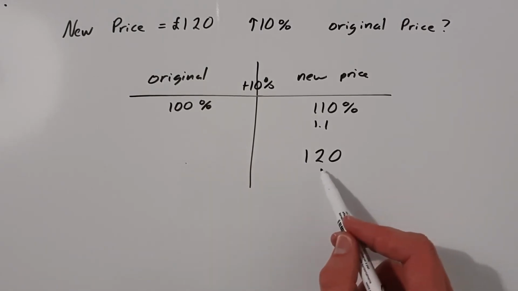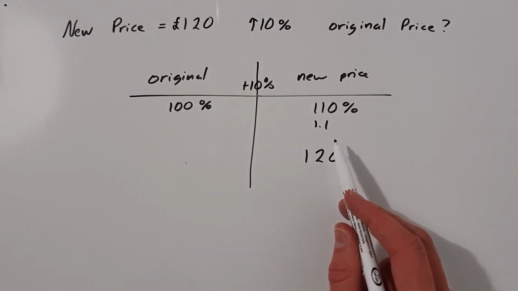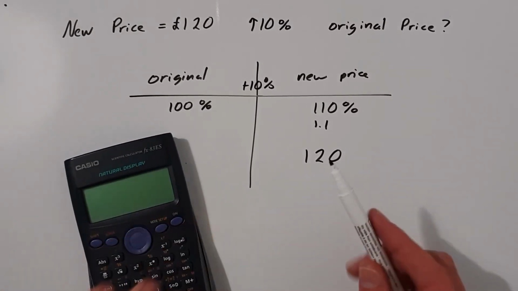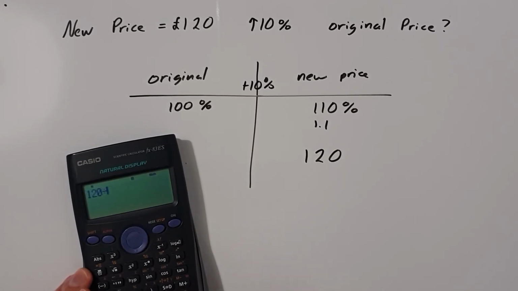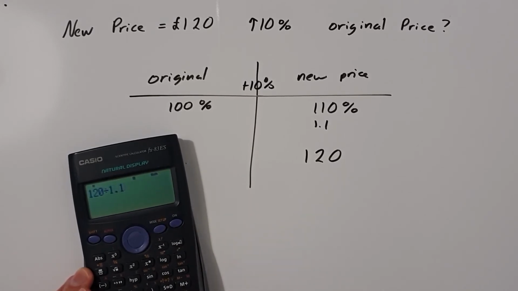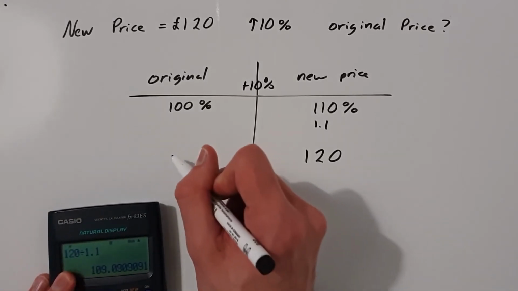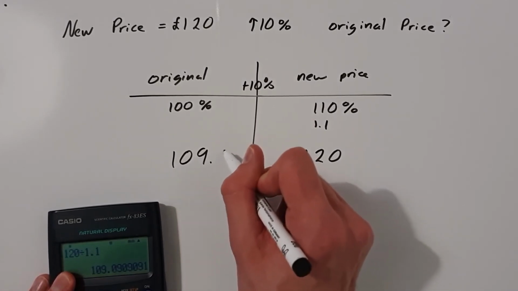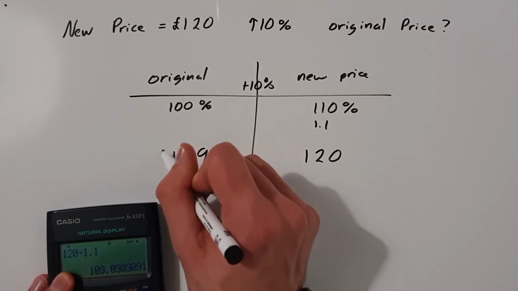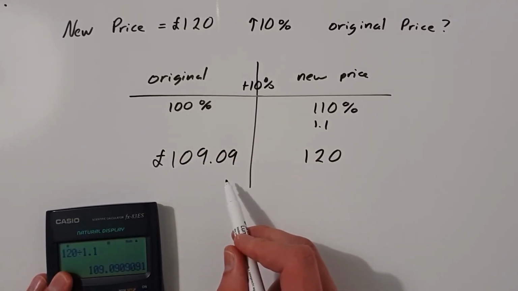Okay, so now what we want to do is 120 divided by 1.1. So to do that, I'll grab my calculator. Okay, and I'll have 120 divided by 1.1, and that gives us 109.09. Okay, so that is our answer, 109.09. So in this case, it would have been £109 and 9 pence. Okay?